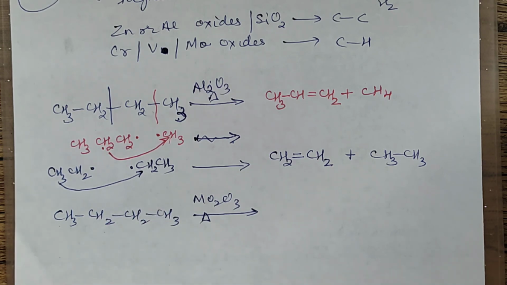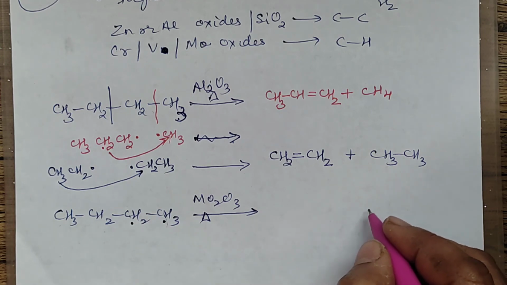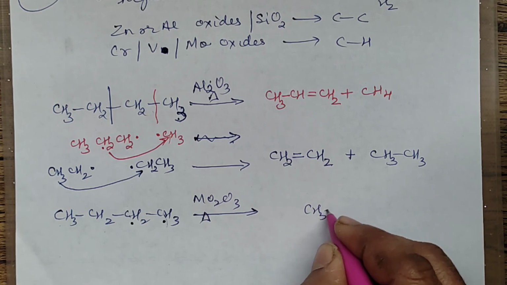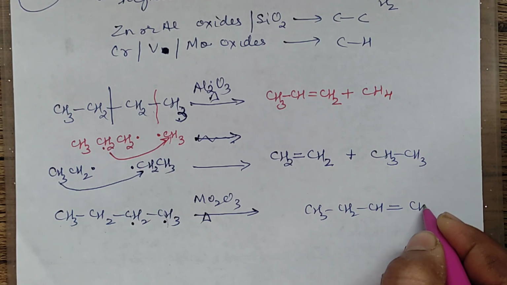There is again a possibility that this CH bond and this CH bond may break. When this CH bond breaks, one free radical will be generated here, and one free radical there. So these two will combine and may form a double bond. You may have CH2, CH, double bond, and CH2.